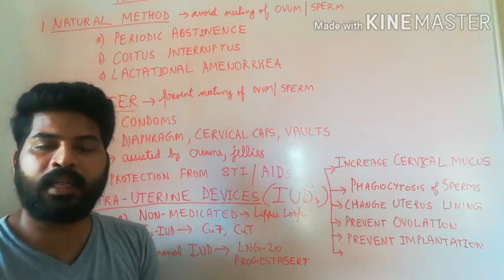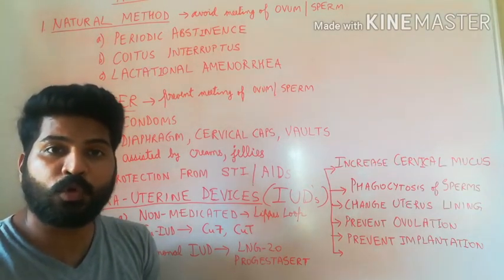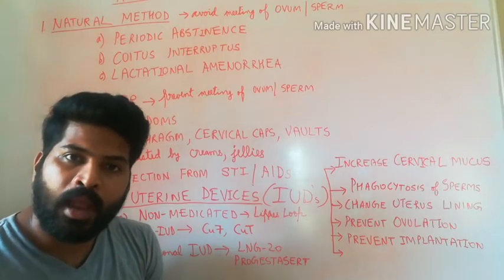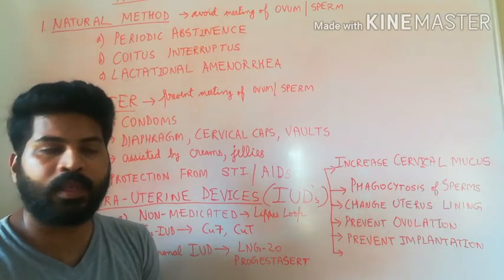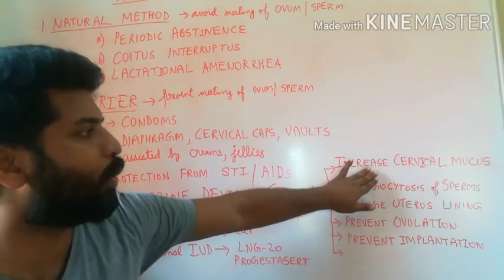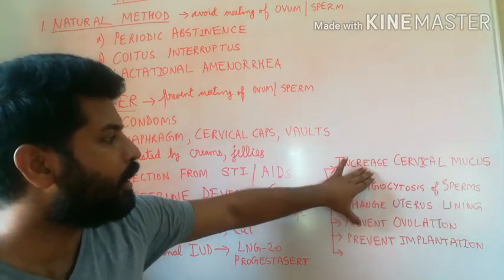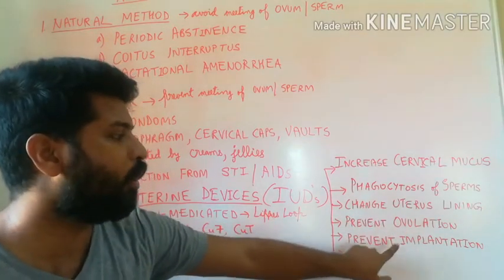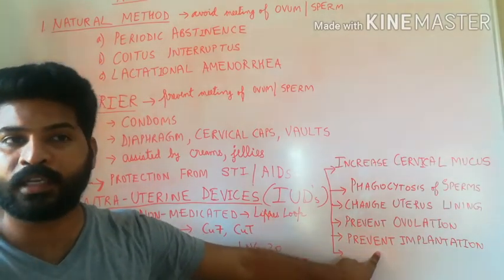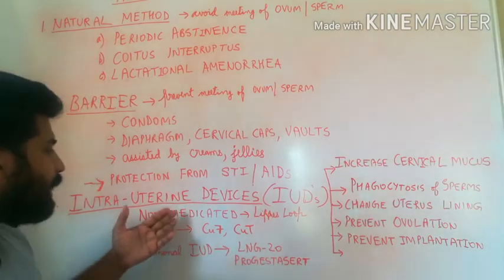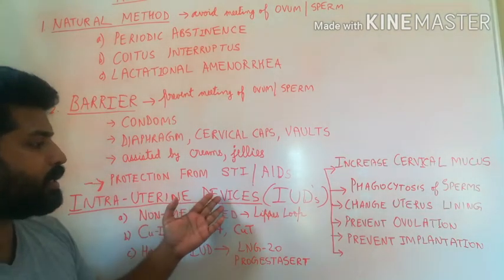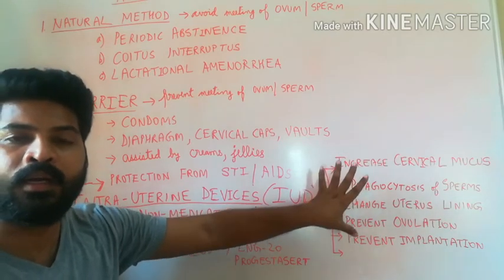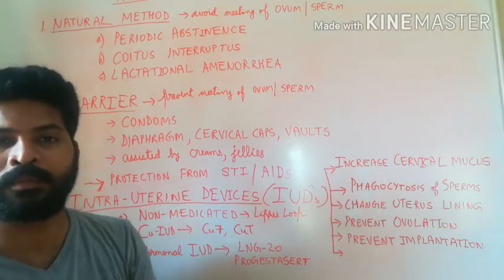Mostly these contain hormones like progestogen or a combination of estrogen and progestogen, which will once again affect the cervical mucus quality and uterus lining, therefore preventing ovulation or preventing implantation. So these are the three types of intrauterine devices and their mechanism of action in preventing conception or pregnancy.